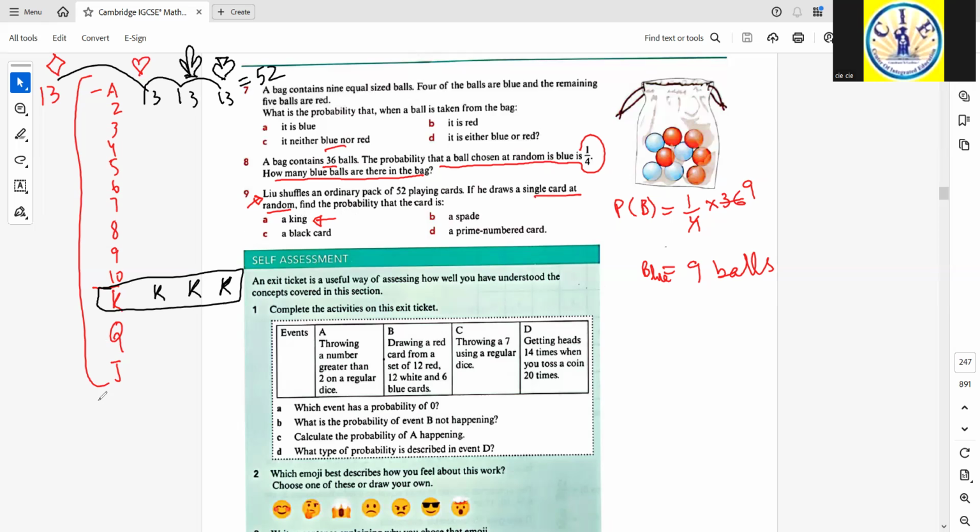So this answer, question number 9, part A, this can be solved as probability of getting a king is actually 4 out of 52. So simplifying them, we can have 13. So 1 by 13.